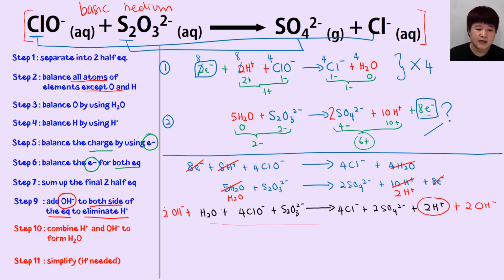Simple. And then the next step, we are going to combine the H plus and OH minus to become H2O. We know that H2O is formed from 1 H plus and also 1 OH minus. So when I have 2 H plus and 2 OH minus, I will then form 2 H2O.